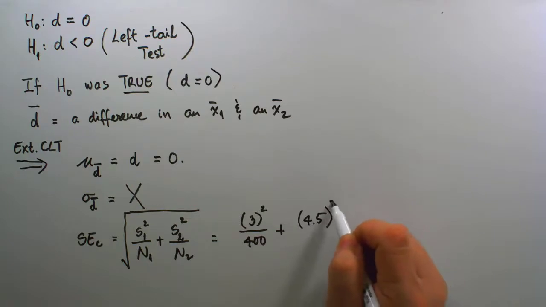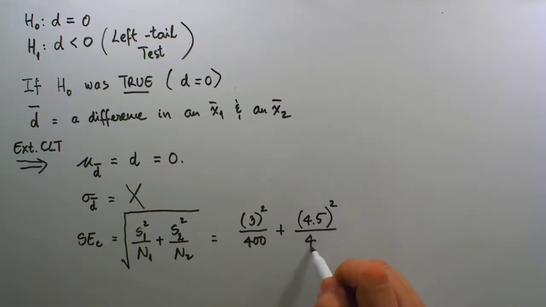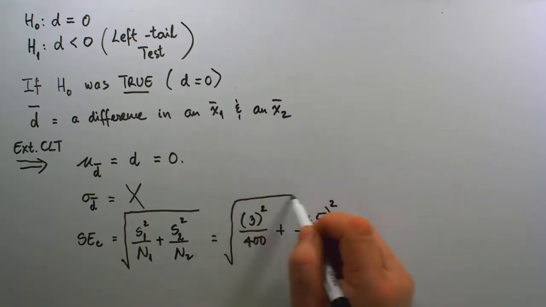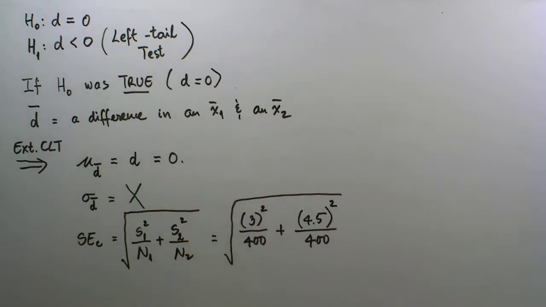We are squaring that and dividing it by 400, which happens to be equal, but this is the sample size that we decided to select for samples from population 2. And then that addition is going to be inside a square root. My final calculation came out being 0.27041.6, and a lot longer.